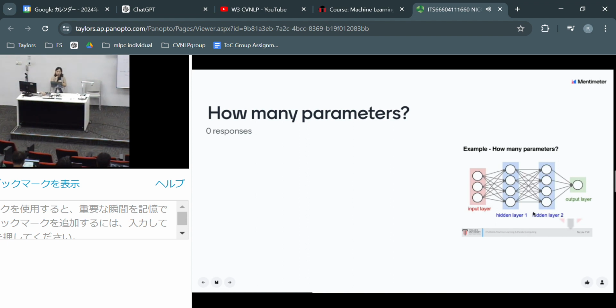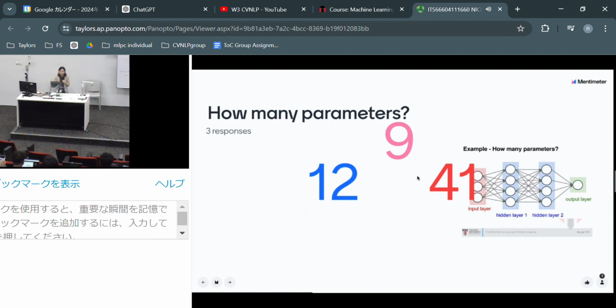How is that possible? 41. 12. In order to calculate the number of parameters, we will have to take 3 by 4, 4 by 4, 4 by 1, and plus 4 plus 4 plus 1. Okay, see if you get it right.